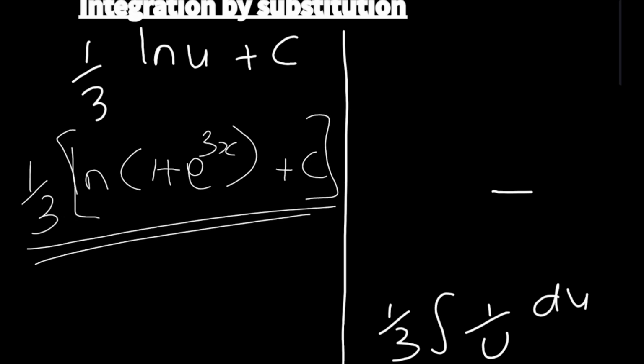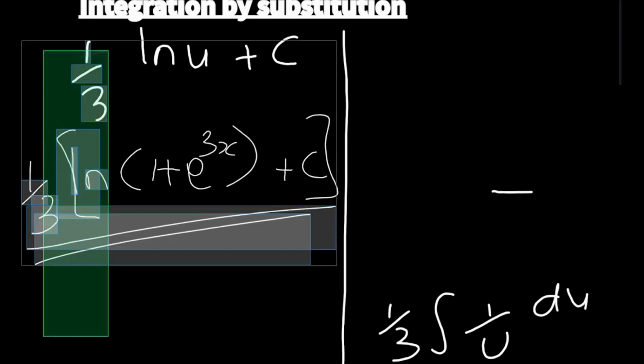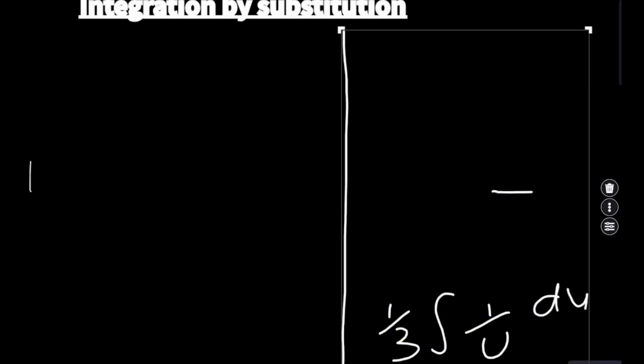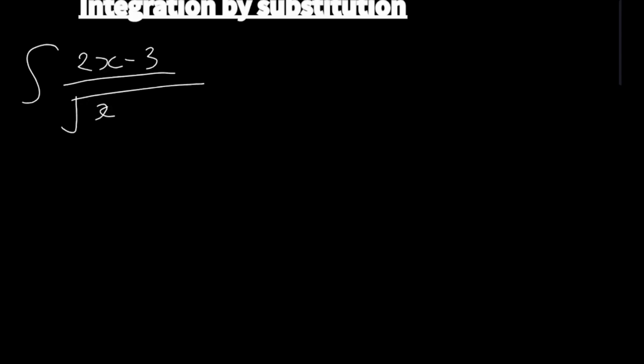We can look at one example whereby we are given limits. Now, given the integral of 2x minus 3 over root of x squared minus 3x plus 1, given the limits 3 to 5.